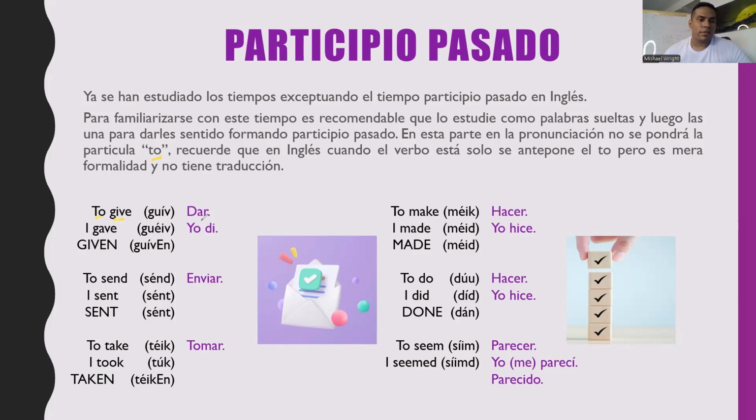So you say to give, right? But when you conjugate this, you can say I gave, right? That is in past. I gave, and given, dado, right? That is a past participle. Past participle, participio pasado. So you say dado. Send, right? That is enviar.